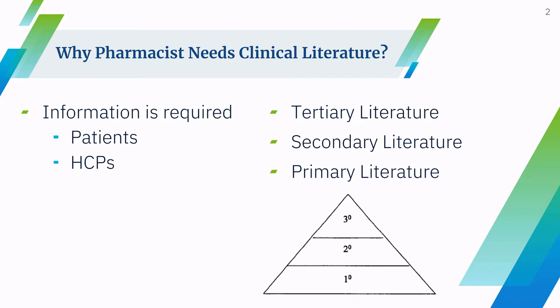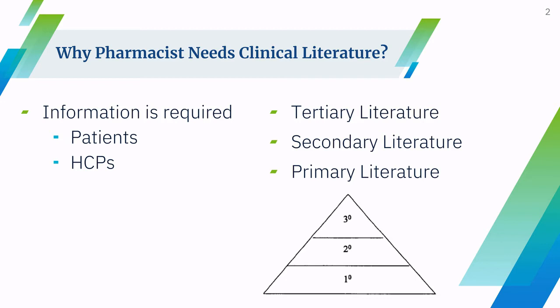Therefore, the ability to systematically process the request and efficiently search the literature is necessary to provide an appropriate response. Different types of literature sources supply information needed to answer the drug information request. These sources include tertiary, secondary, and primary literature.